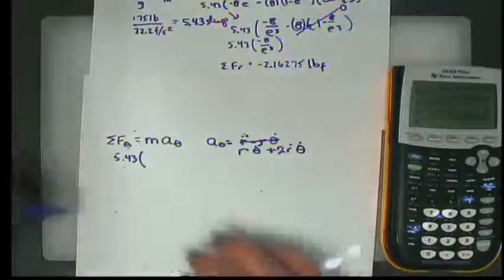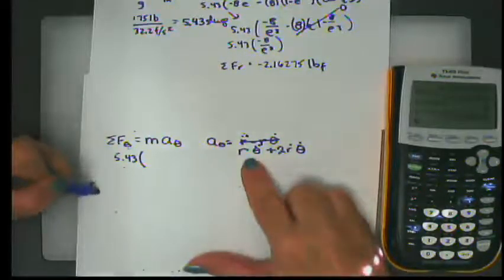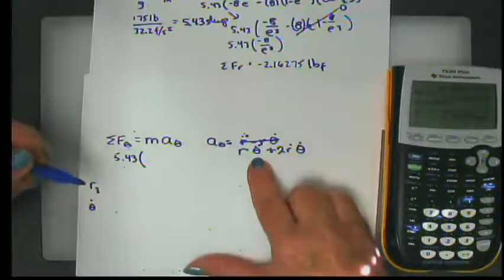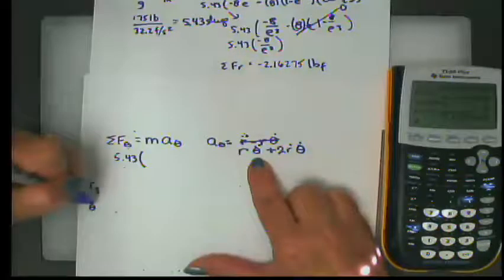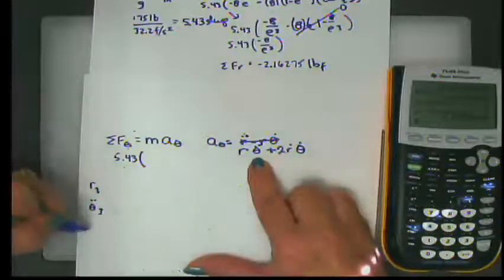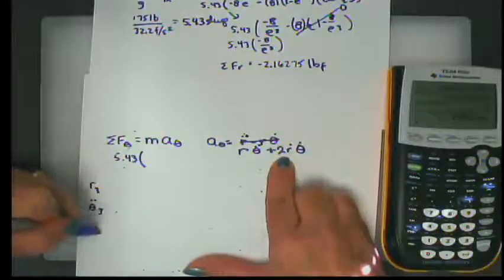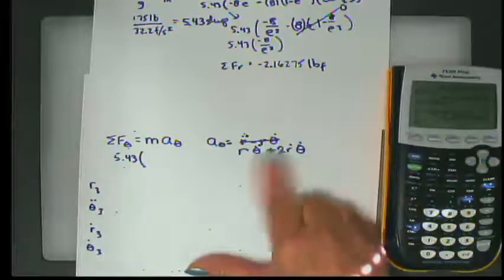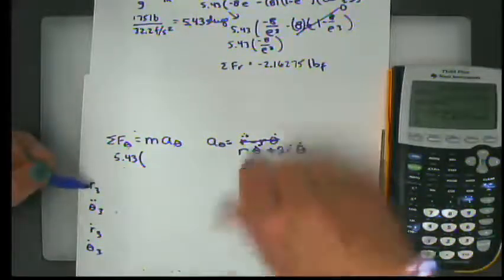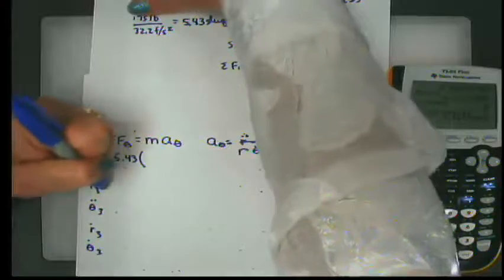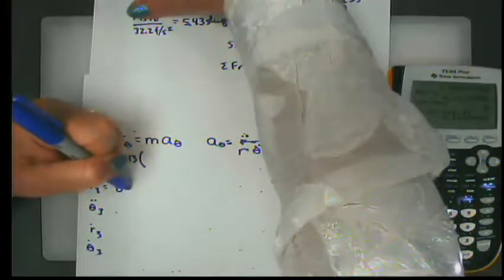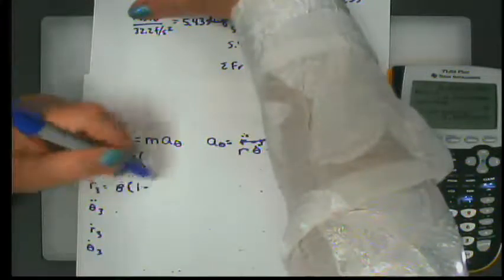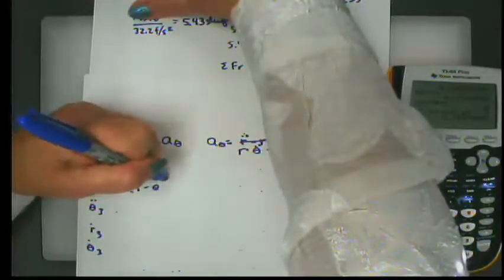And if this is at 3 seconds, we need r at 3, theta double dot at 3 seconds, r dot at 3 seconds and theta dot at 3 seconds. We're just going to see if we can simplify this a little bit. So my r value is 8 times the quantity 1 minus e to the minus 3.